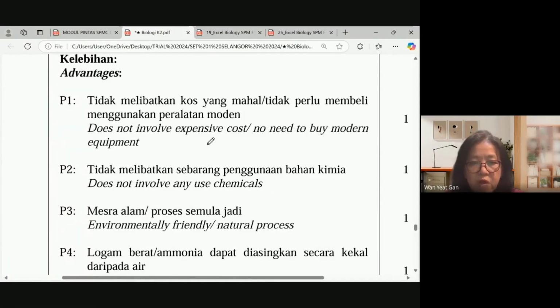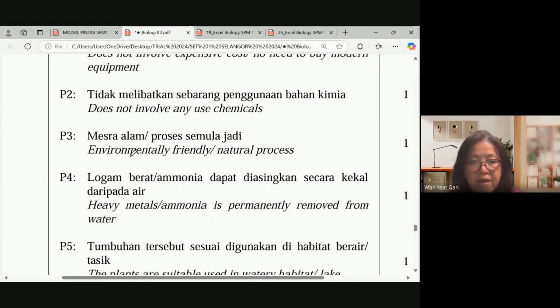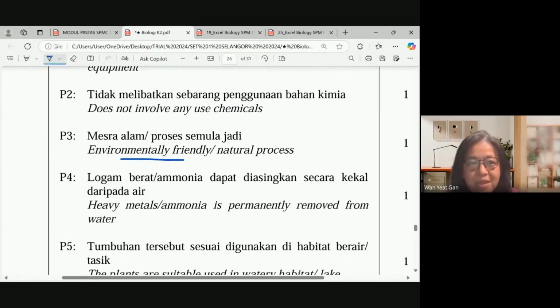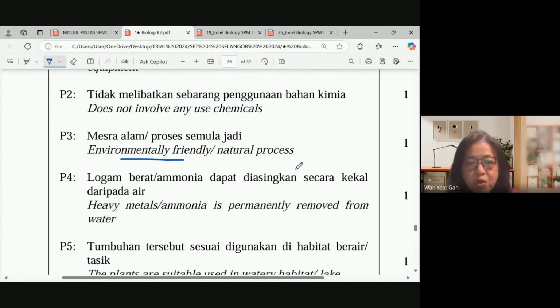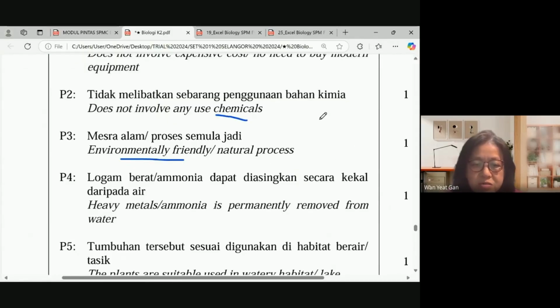So you save costs and it's cheaper to use plants than to use modern equipment. Now, using plants is environmentally friendly. Since the pond is already contaminated with ammonia, we do not want to use more chemicals to contaminate the river or the pond. And heavy metals are also permanently removed from the water.